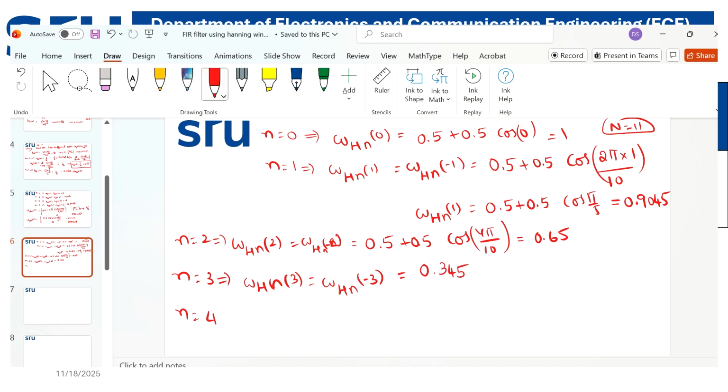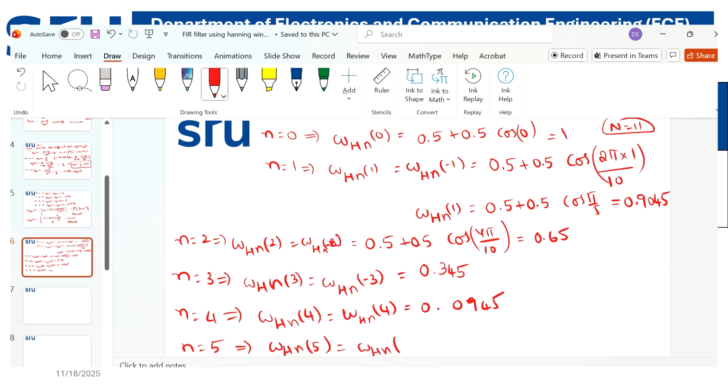For n is equal to 4, substitute n is equal to 4 in the above expression, you will get 0.0745. Next, n is equal to 5. Then the last value will be 0.